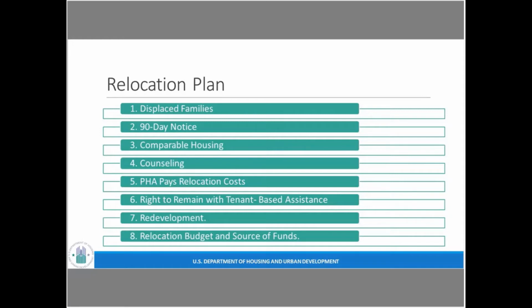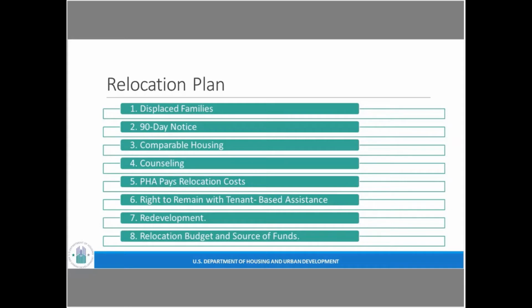Section 22 requires housing authorities to offer families comparable housing. The regulation and the statute describe three possible forms of comparable housing: tenant-based assistance, project-based assistance, or a unit operated or assisted by a PHA at a comparable rental rate.